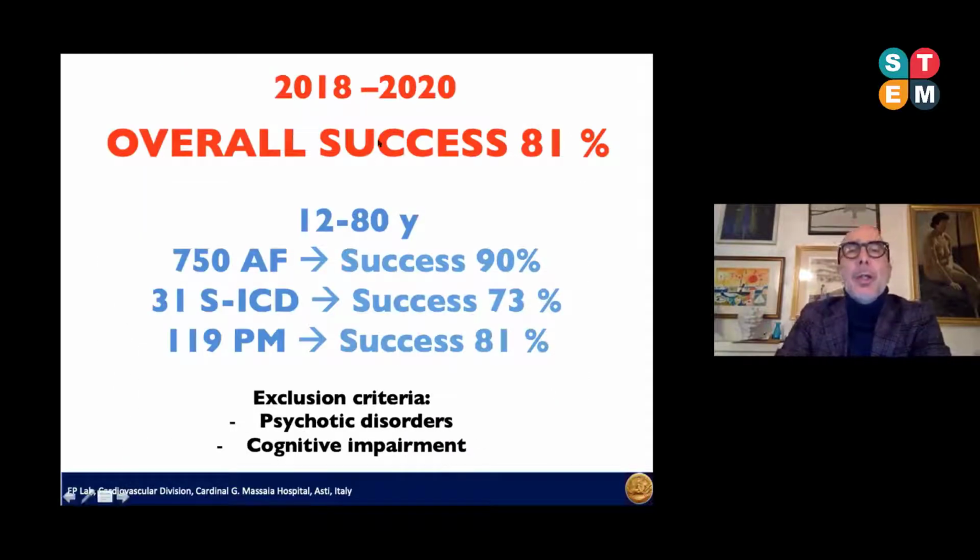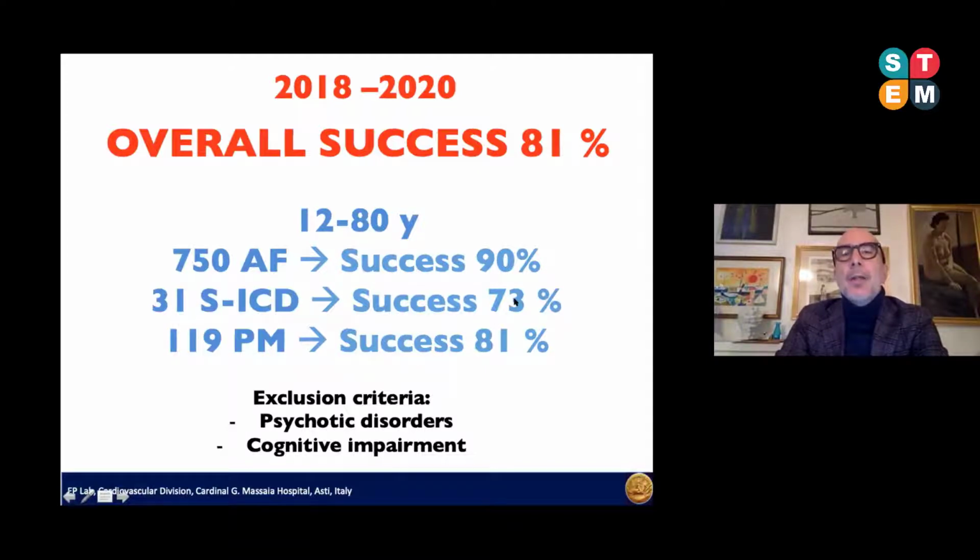So in the last 3 years, our overall success using hypnosis in this setting was 81%. You see here the range of the age of the patients, mostly affected by atrial fibrillation, who underwent an atrial fibrillation ablation with a 90% success, a little less in the SCID implantation, and just in the middle for the PM experience.